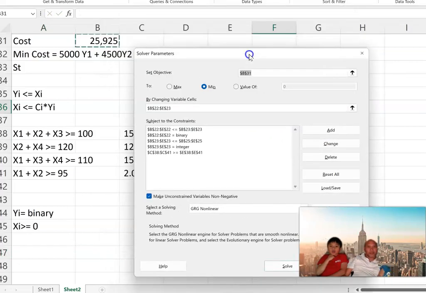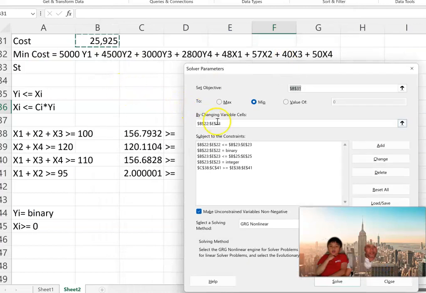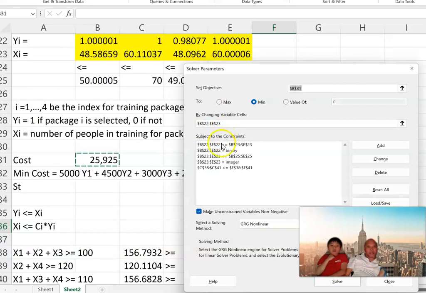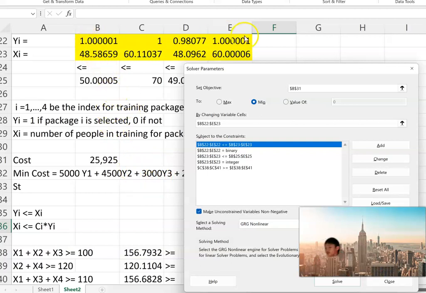So here we want to minimize B31 by changing B22 to E23. That's correct. This one says B22 to E22 is less than or equal to B23. So it's this one here.